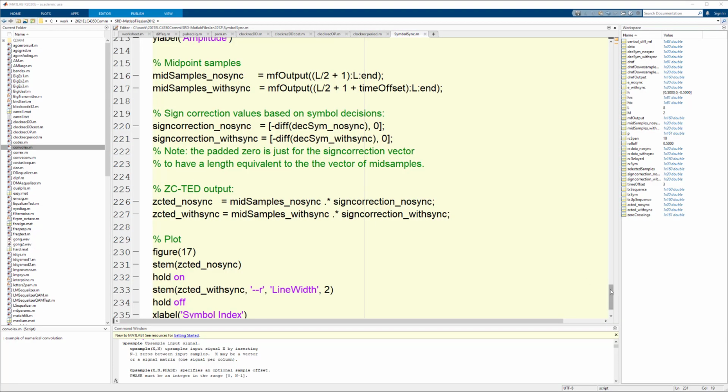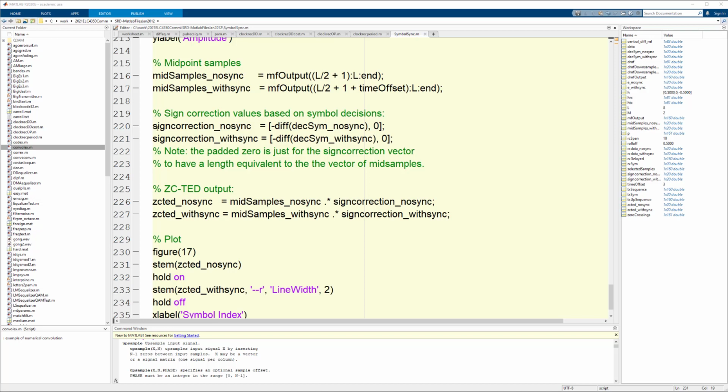In the Matlab example, on line 220, that is the difference between the detected symbols of no synchronization and with synchronization. The diff in Matlab takes an array that you shift by one element and then you find the difference. So it's the difference between two consecutive symbols, and we are padding 0 just to make sure that the overall array has the same length.